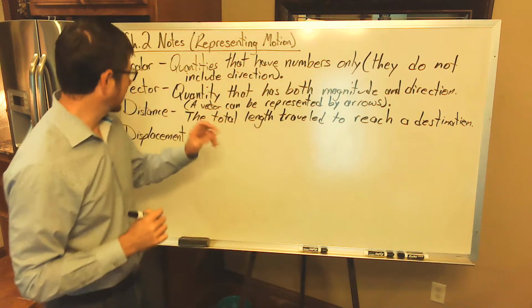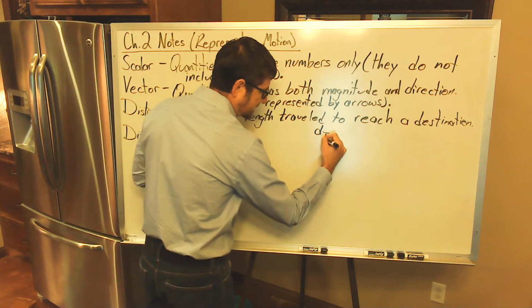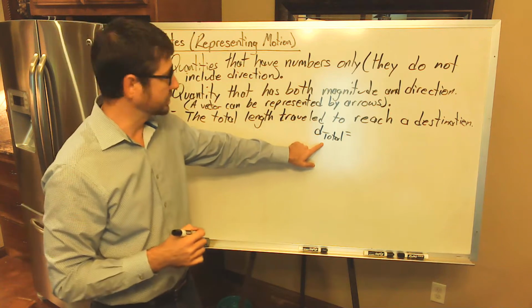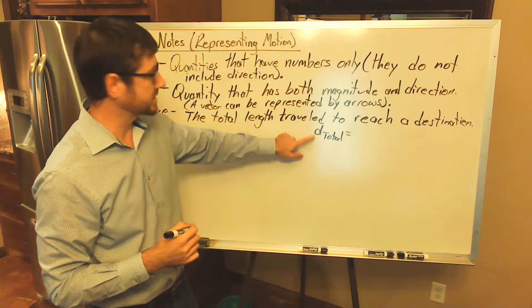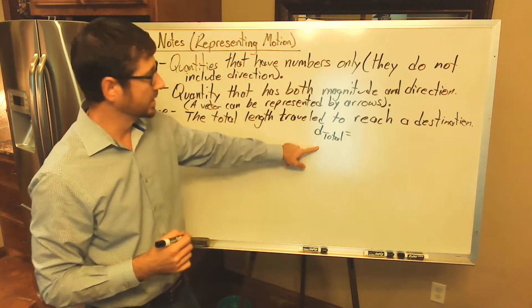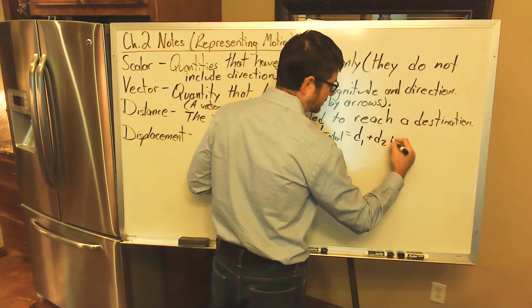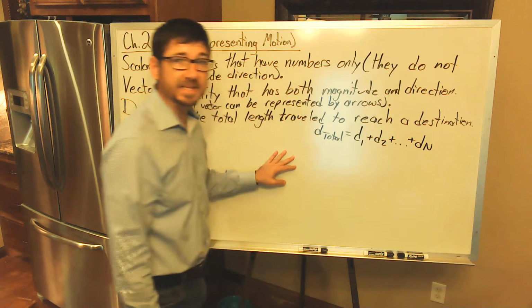Okay, and we have an equation to represent distance. It is d subtotal. And when I say sub, what I'm referring to is a subscript. So d represents distance with the subscript total. So d subtotal equals d1 plus d2 plus dot dot dot plus d sub n.